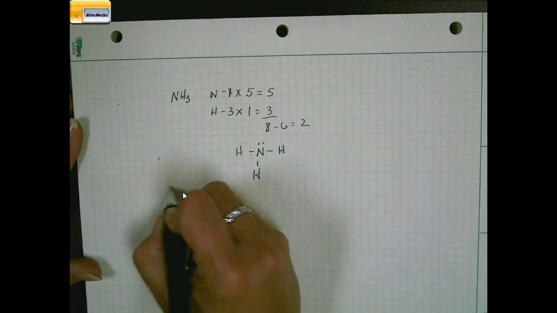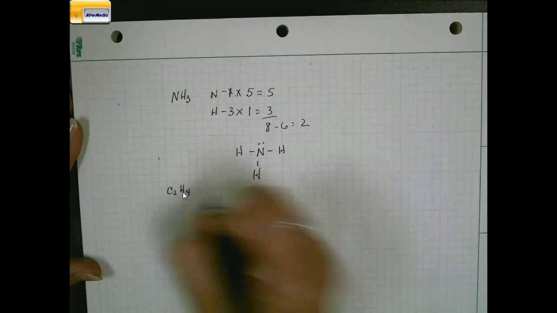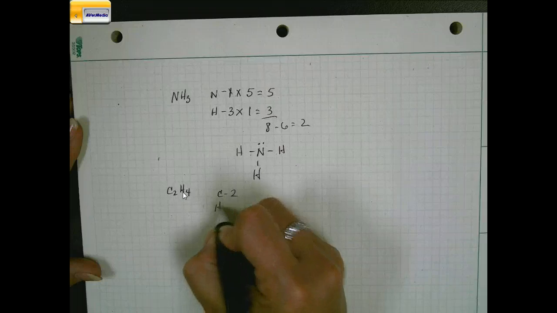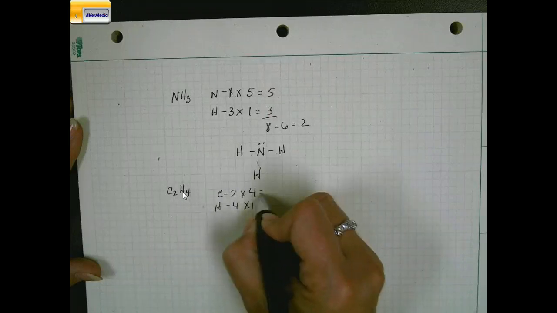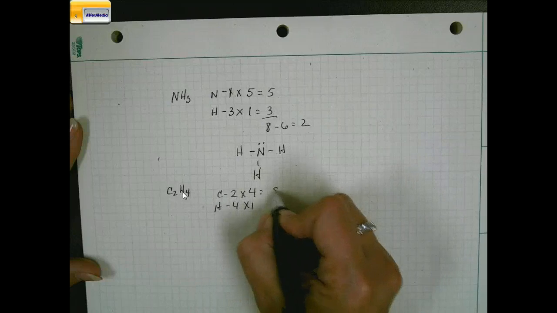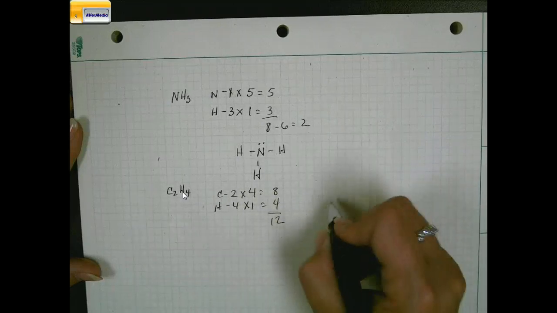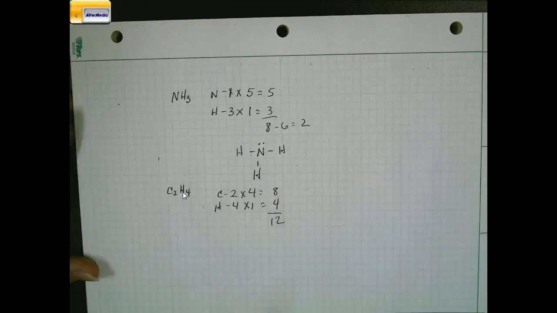What about something that would have a double bond? I talked about ethene, which is C2H4, and so we have 2 carbons, which is 8 electrons, and 4 hydrogens with 1 electron each, which is 4, so we have a total of 12 electrons. We are going to have the 2 carbon atoms connected in the center.